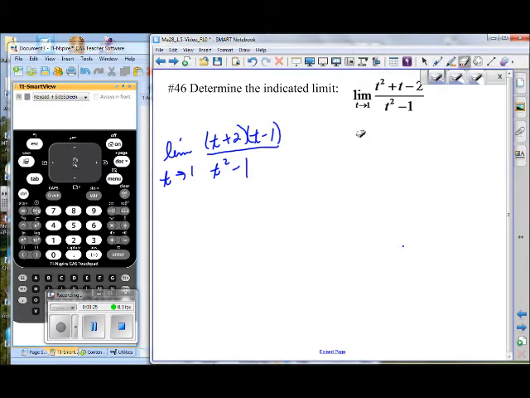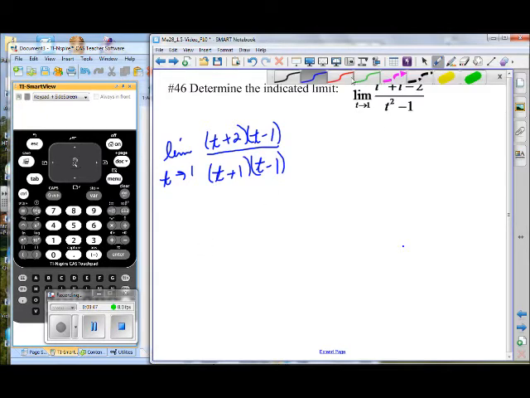And while I'm at it, we might as well factor this denominator. And of course, you've done this many, many times over, that denominator is going to factor into t plus 1 and t minus 1.